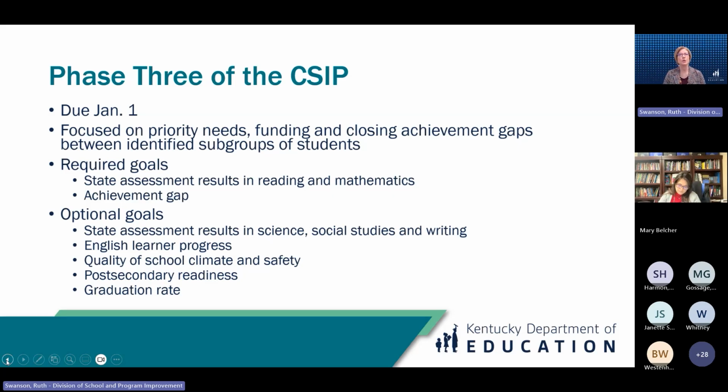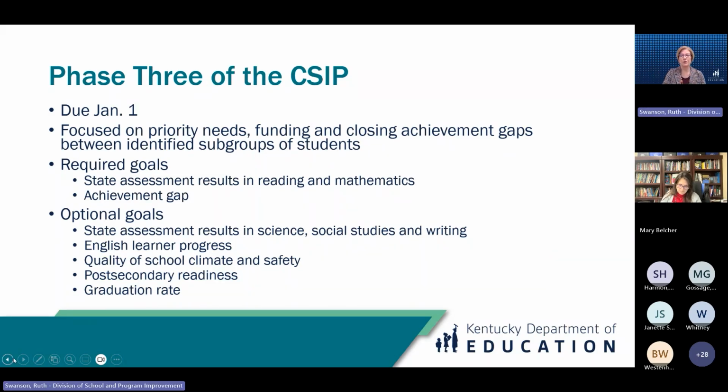And so we've kind of streamlined the template. It now flows and is able to print on 8.5 by 11 paper. The thing to remember, though, is all of the elements from previous templates are still in the current template. They just look a little bit different. So that's the other big change that your schools are dealing with when it comes to that CSIP template.